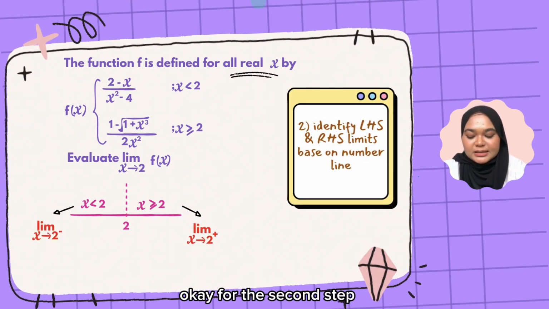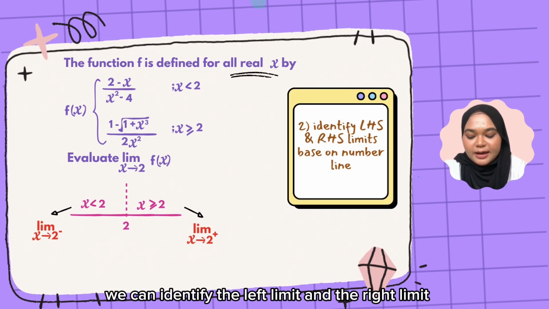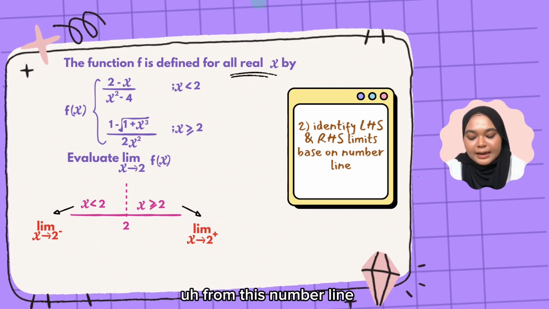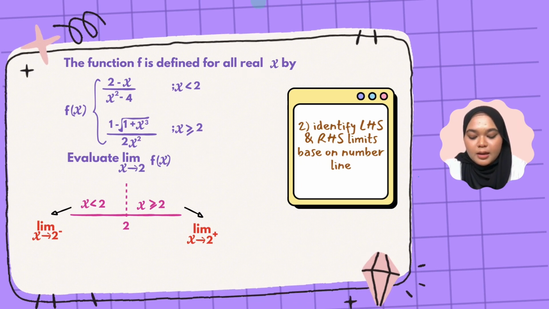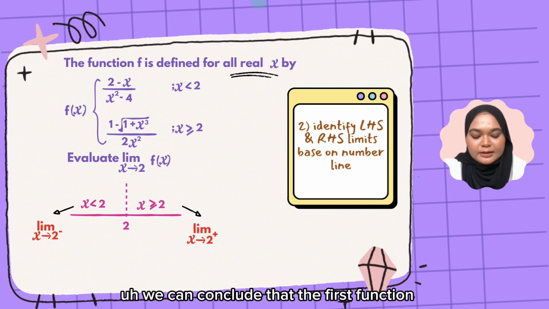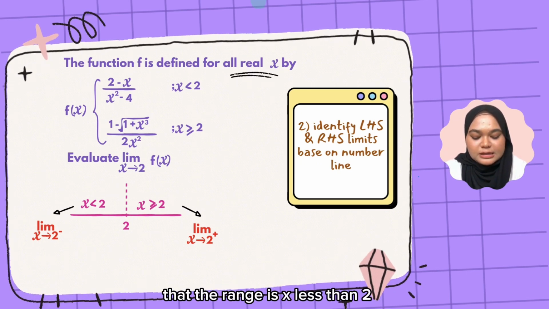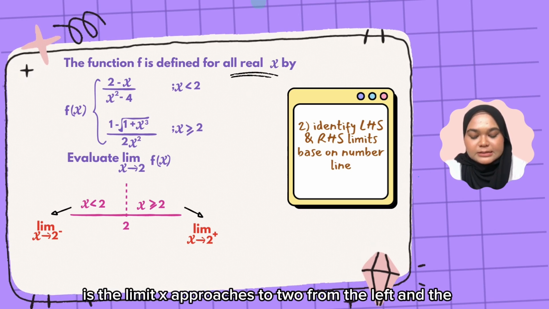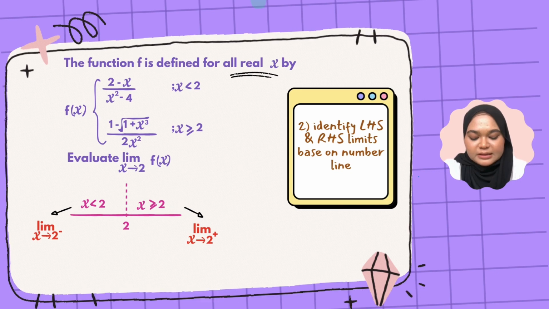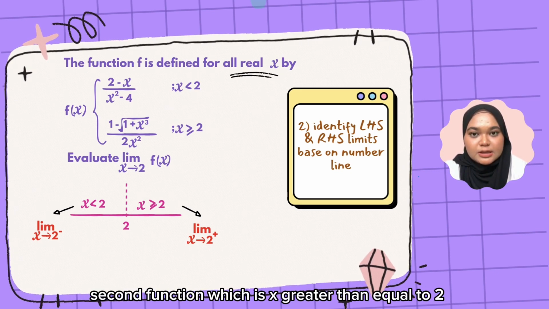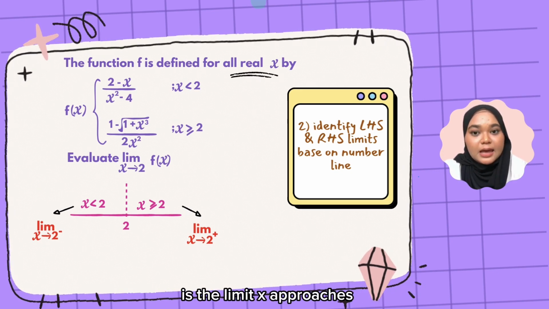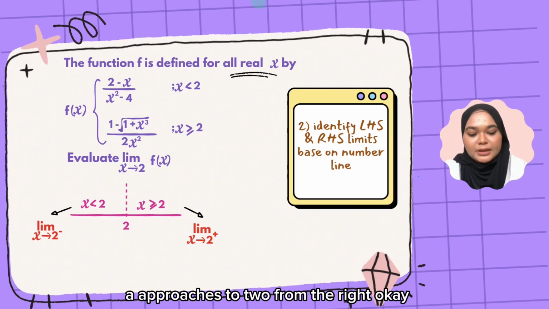For the second step, we can identify the left limit and the right limit. From this number line, we can conclude that the first function, with the range x less than 2, is the limit as x approaches 2 from the left, and the second function, x greater than or equal to 2, is the limit as x approaches 2 from the right.